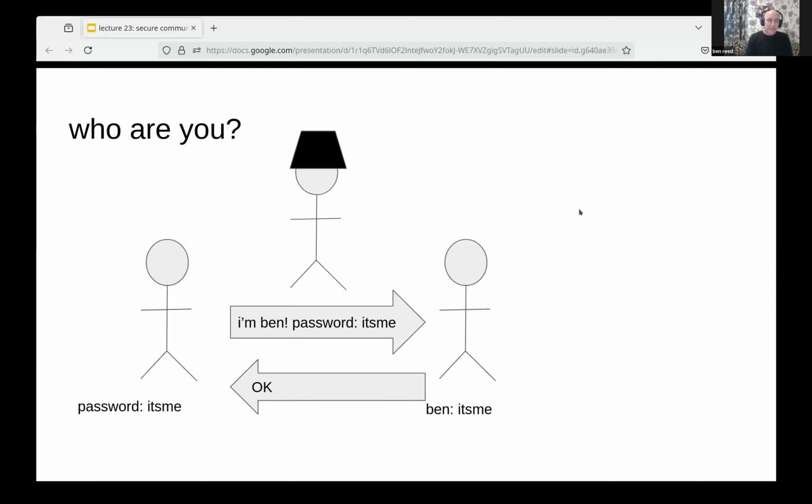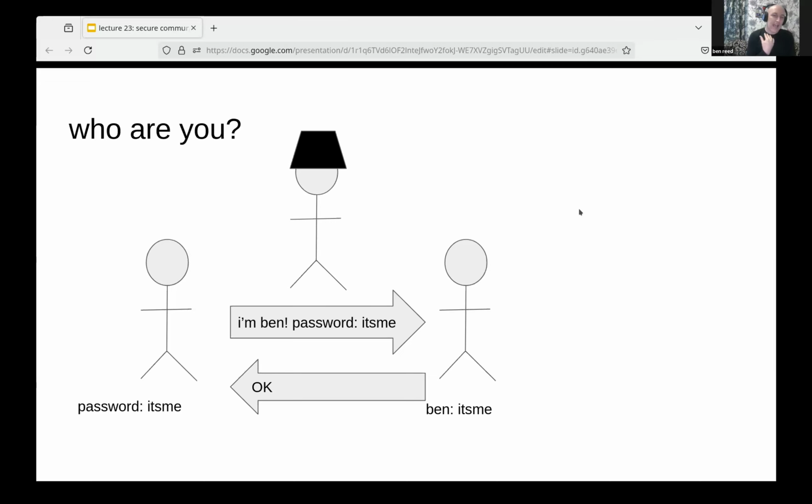So we have the attacker. He listens to the password, and he can impersonate Ben. And he could even do it maliciously, like he could be in between or nearer to Ben than the person on the right.